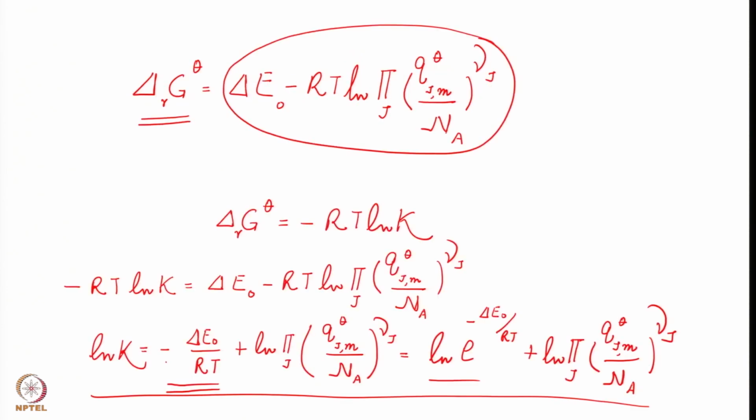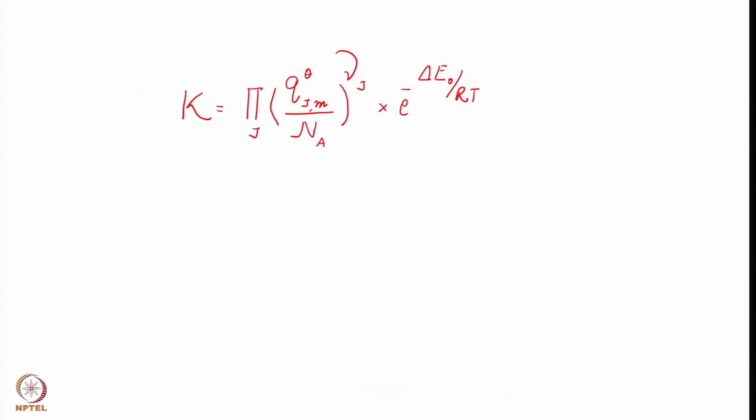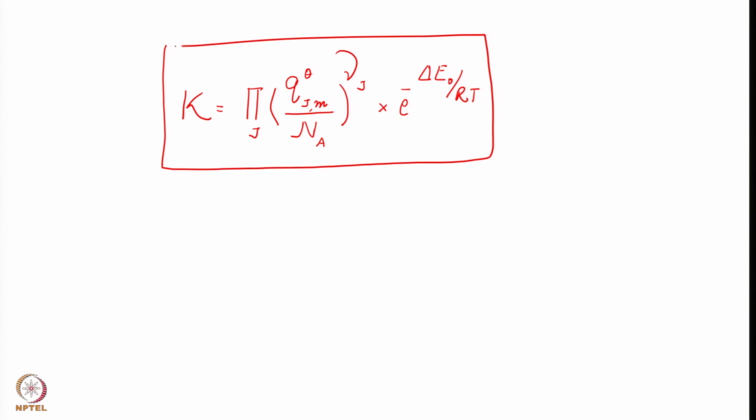Log K is equal to log of exponential into this, log A into B, and then you can get rid of the logs and you come up with this expression: equilibrium constant is equal to product of molar partition function under standard conditions for species J divided by Avogadro constant raised to the power stoichiometric number into exponential minus delta E naught by RT.